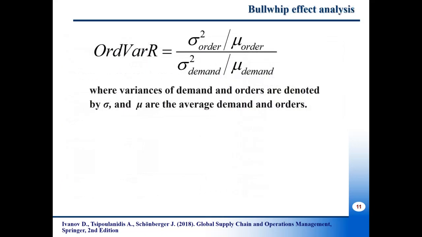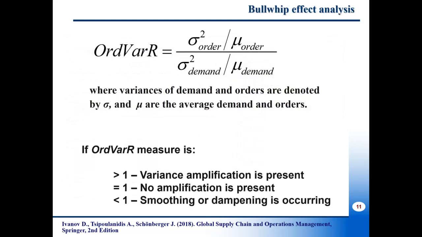Next, a general formulation of the bullwhip effect is provided in this slide as follows: the order variance ratio R is equal to the variance of orders divided by the average demand rate mu, divided by the variance of demand divided by the average demand.